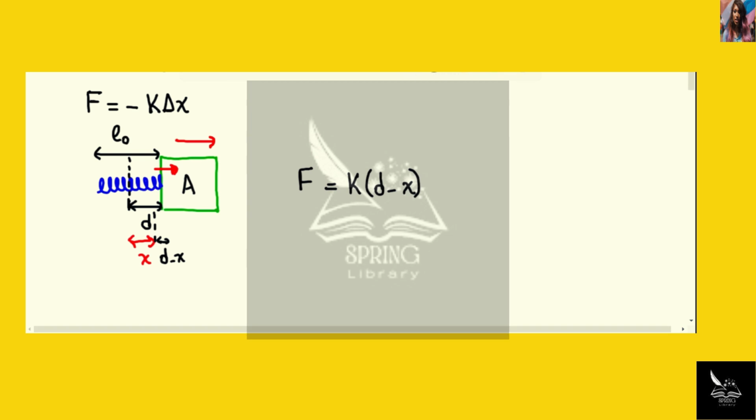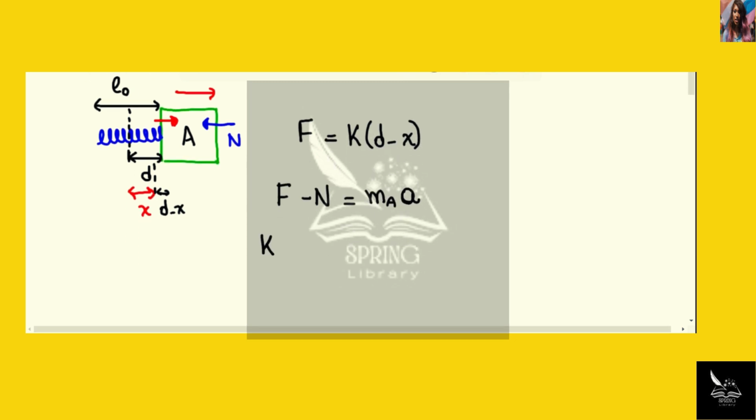We also have the force that block B exerts over block A, and I'm going to call this force N. So we have that F minus N is equal to the mass of block A times the acceleration of block A. Now F, as I said, the magnitude of F is K times D minus X, so K times D minus X minus N is MA times A.